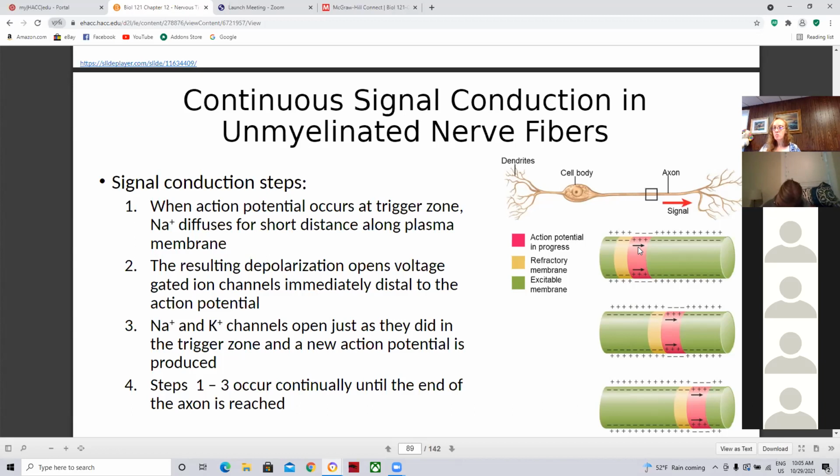It only moves in one direction because of the refractory periods. It peaks at positive 35 millivolts, the potassium channels are fully open, and then it starts again, and again, and again, continuous all the way down the axon.